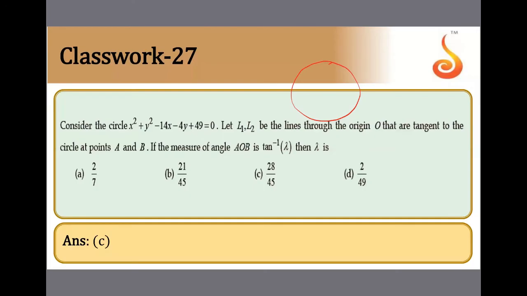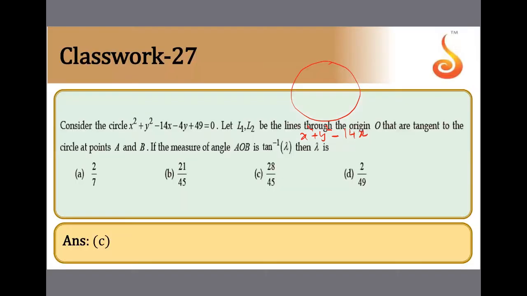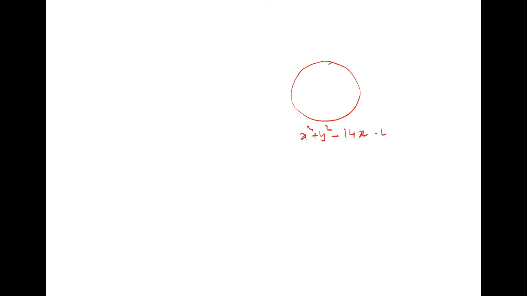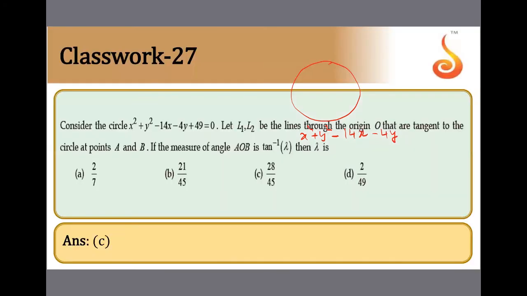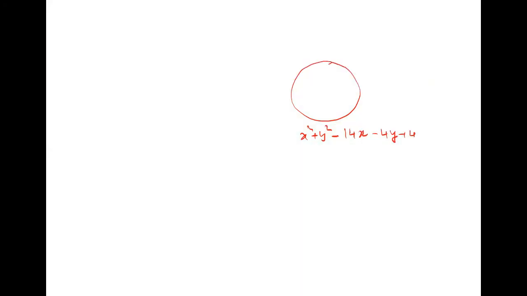This is the circle given. What's the circle equation? x square plus y square minus 14x minus 4y plus 49 is equal to 0.